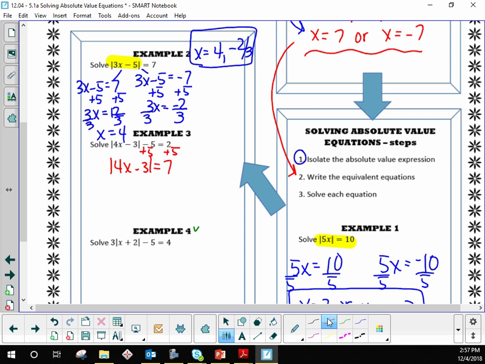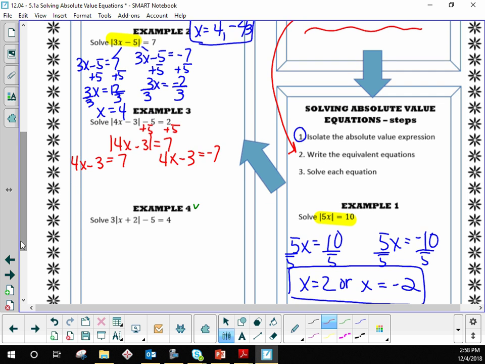Okay, so I'm going to write that down twice with no more bars. Once you go to make your two equations, the absolute value bars are gone. Because right now we're just talking about the value inside. And that's going to equal, absolutely, one's going to equal 7 and one's going to equal negative 7.